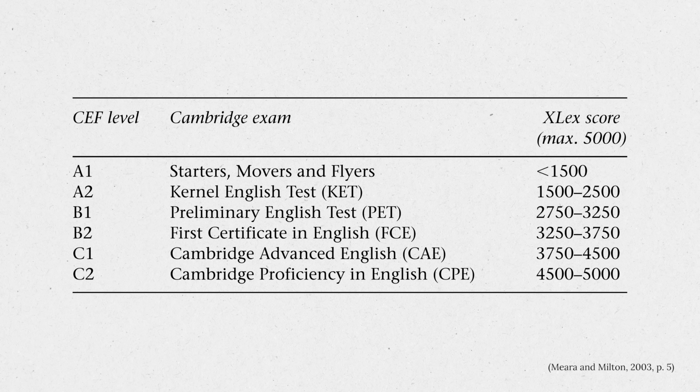But before we start, let me show you how difficult it really is to guess word meanings in English. This research shows that, on average, learners who pass the Cambridge C1 exam know between 3,750 and 4,500 words.